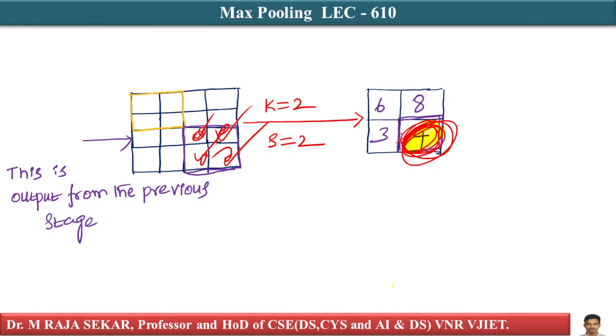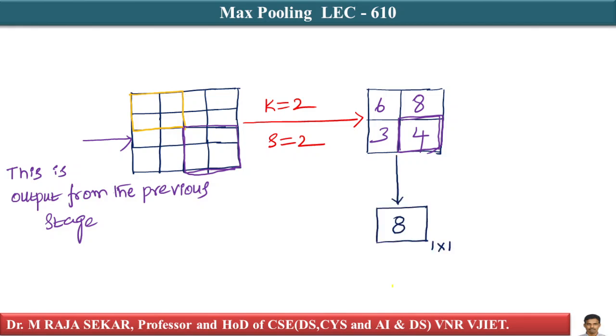I can do one more level of max pooling on top of it. If I do one more 2 cross 2 pooling on top of it, what do I get? 1 value. What is that 1 value? 8. That is 1 cross 1.